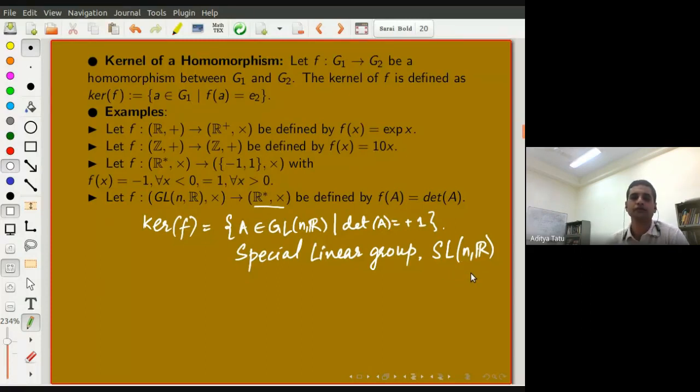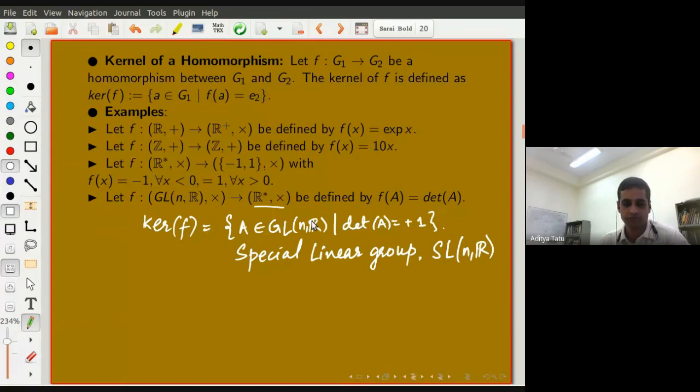And as the name itself suggests, it has to be a group. So SLNR is a group in itself with matrix multiplication. So of course, it is also a subgroup of GLNR because the group operation is the same. Right. So again, yet another example where the kernel of a homomorphism seems to be a subgroup.